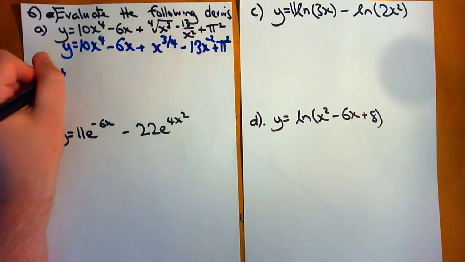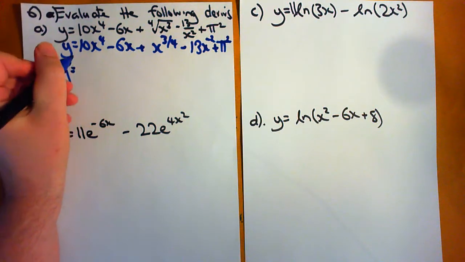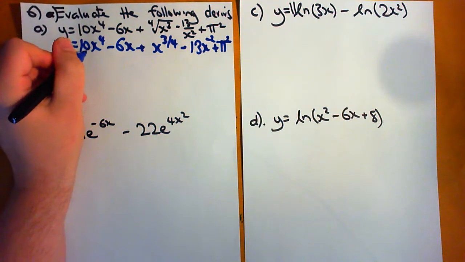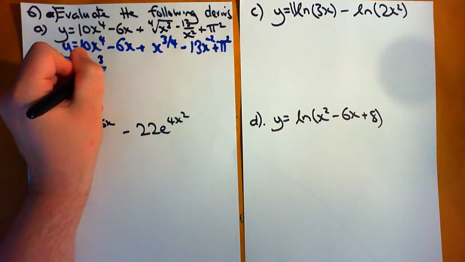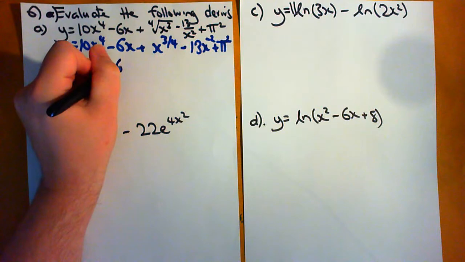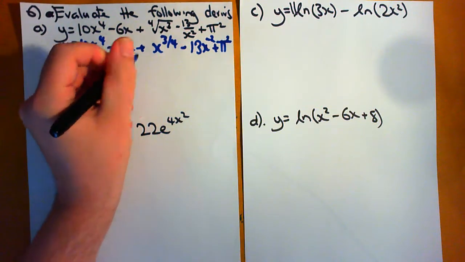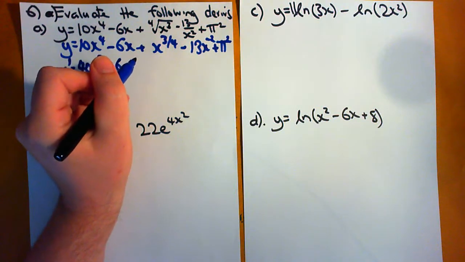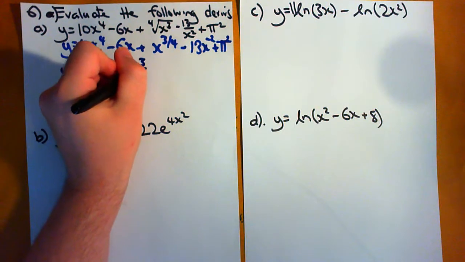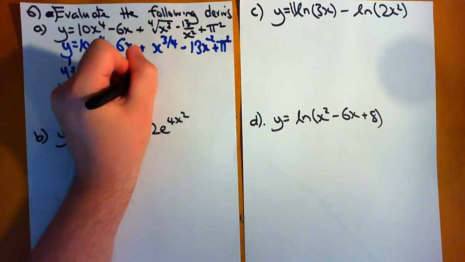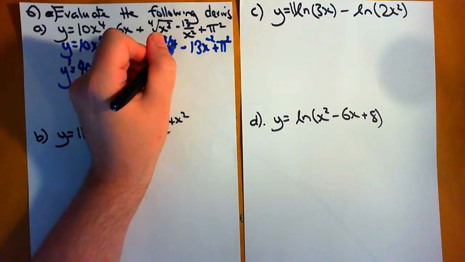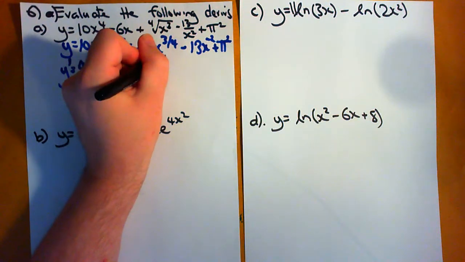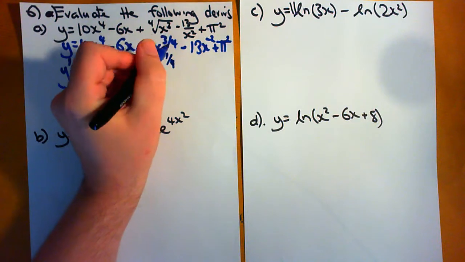So let's differentiate it, and if we do so, we get y dash is 10 times 4 is 40x to the power of 3. Minus 6x differentiates to minus 6. 1 times x to the 3/4 is going to be 3/4 x to the 3/4 minus 1, which is 3/4 minus 4 over 4, is minus 1/4.